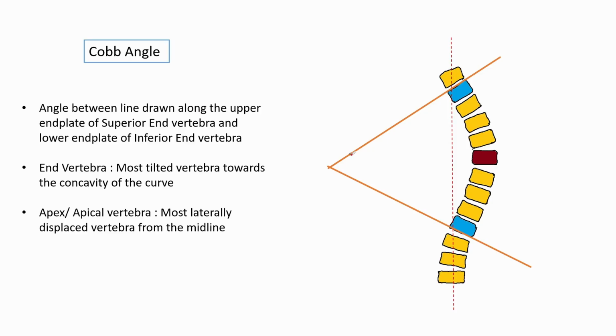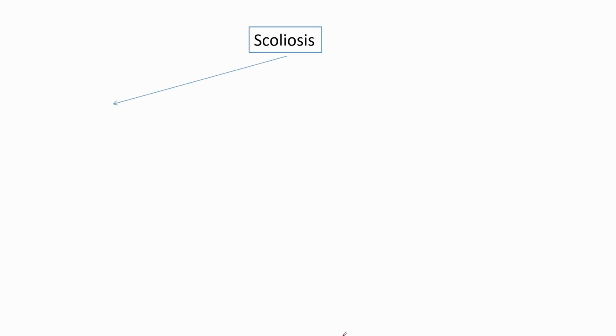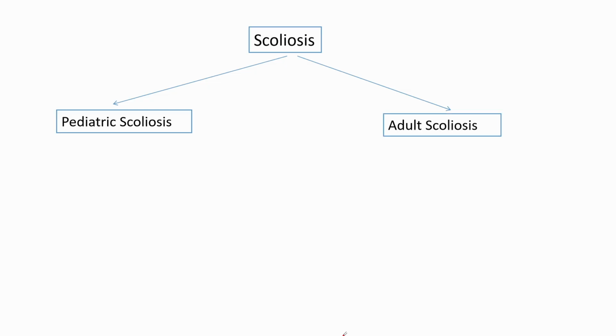The angle between these two is the Cobb angle. Now sometimes when this angle is very small, these lines may meet far away and often outside the X-ray plate. This creates a problem in measurement. To circumvent this problem, we draw two perpendicular lines and the angle between these two lines, that is this angle, is the Cobb angle.